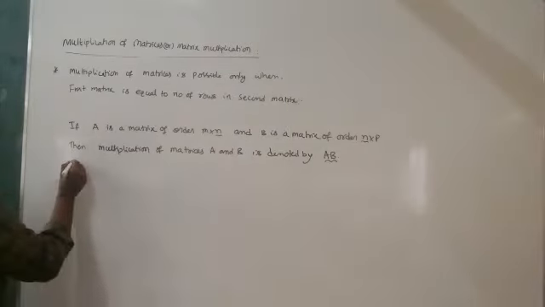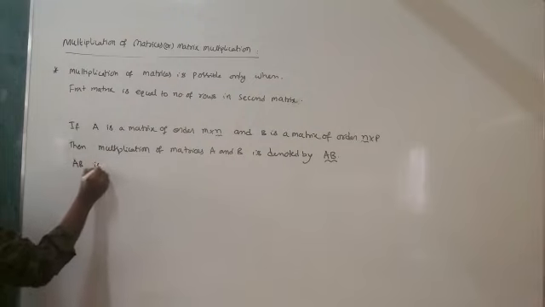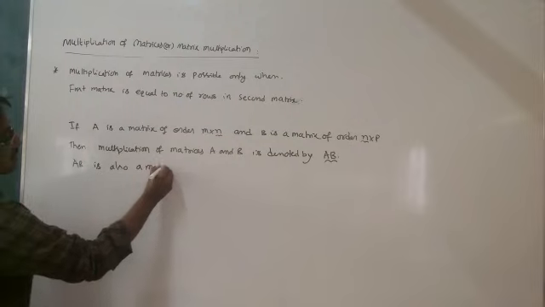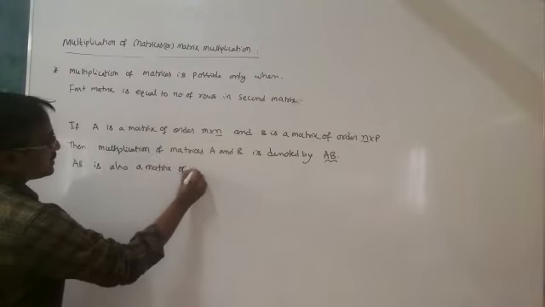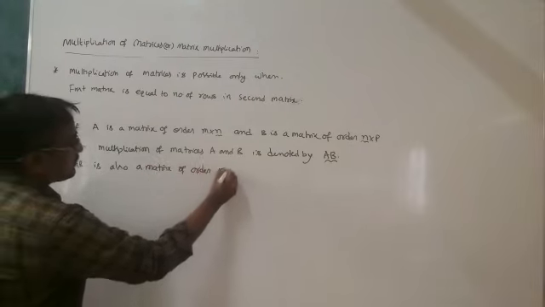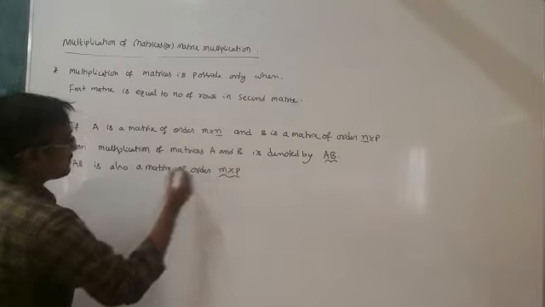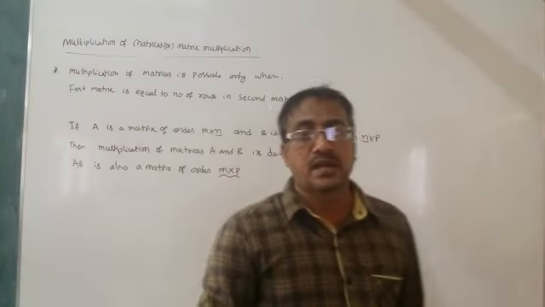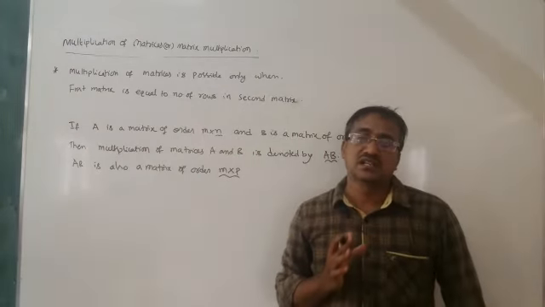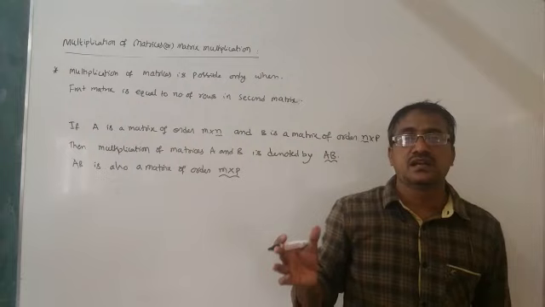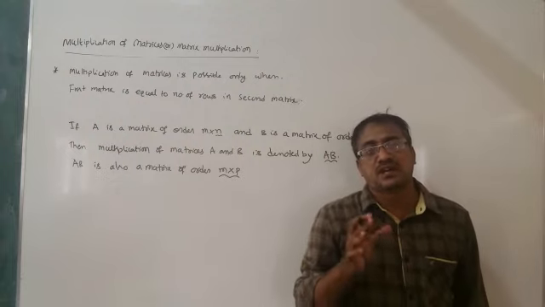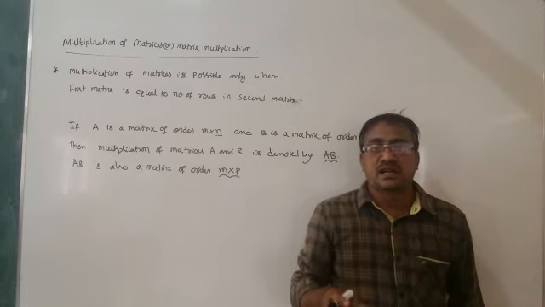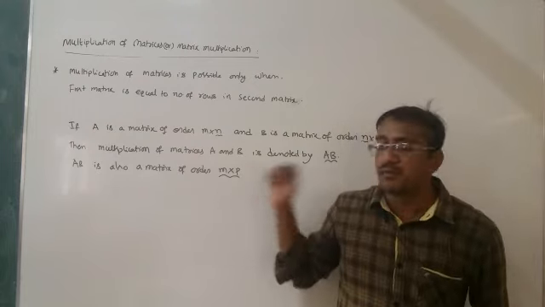And AB is also a matrix of order m by p. Very important: if A is a matrix of order m by n, B is a matrix of order n by p, then AB, the multiplication of matrices A and B, is a matrix of order m by p.